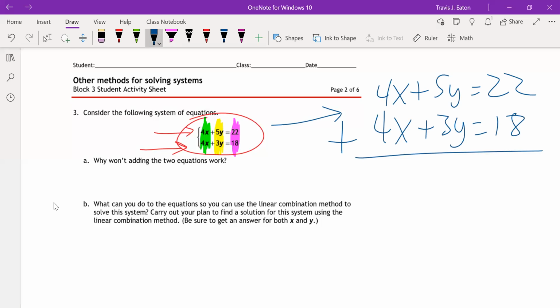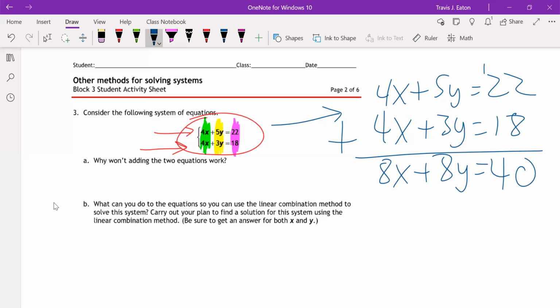And we can, because we're adding these two expressions together. But when we add 4x plus 4x, we get 8x. When we add 5y plus 3y, we get 8y. And when we add 22 plus 18, we get 40. But the problem is, you'll notice one of our variables didn't disappear. It wasn't eliminated, and that creates a problem.